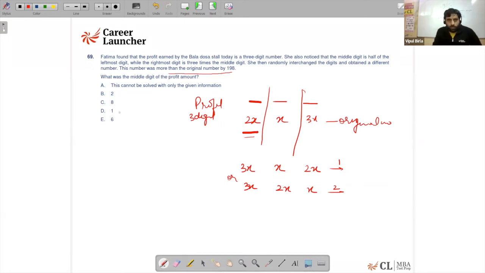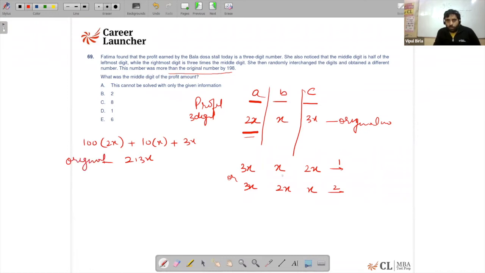Okay, so I know if there's a 3-digit number ABC, the value will be nothing but 100A plus 10B plus C. So the value of the original number will be 100 into 2x plus 10 into x plus 3x, which is coming out to be 213x, the value of the original number.